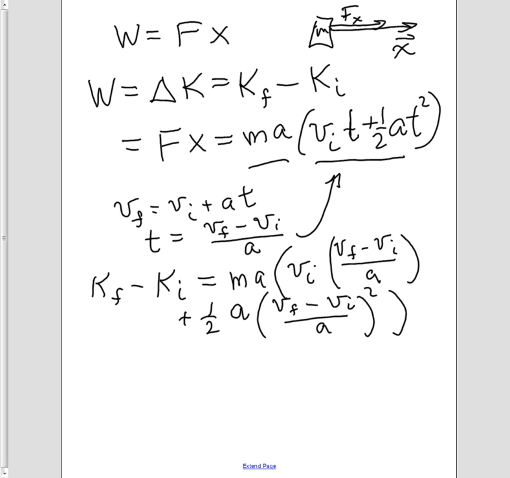Now the first thing you should notice is that the a's cancel out. So all the accelerations are now gone.